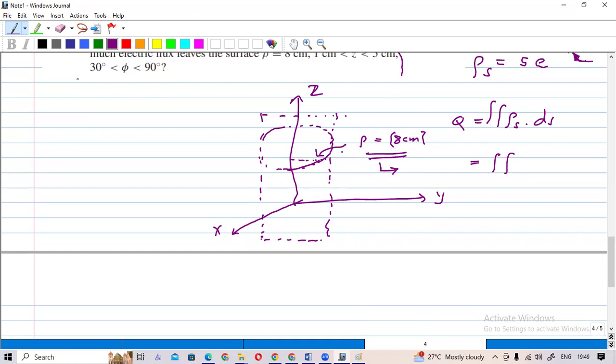If it is a cylinder, and if you need to do the surface integration, what are the variables you need to do? You have the function here. What are the variables?